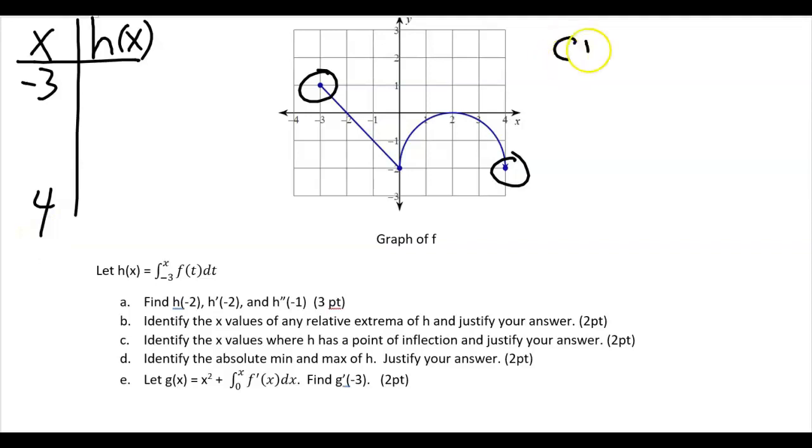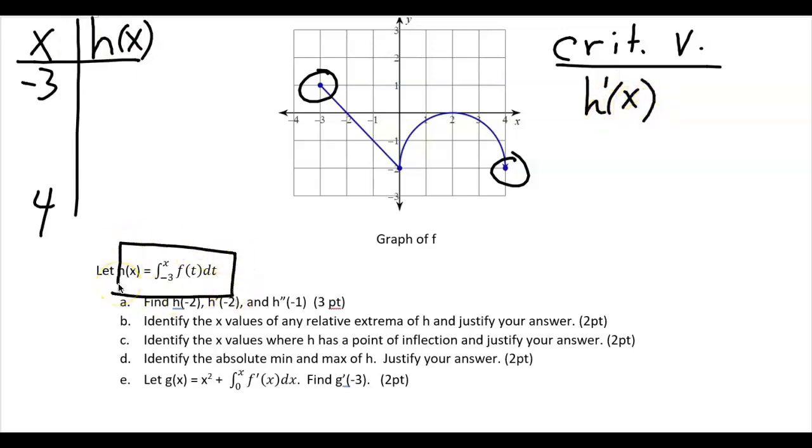Now, the critical values are places where you may possibly have a relative extrema, which are one of the candidates for the absolute extrema. So to find critical values, we're looking for the place where the derivative of this function equals 0. Now, the derivative of h, as you guys know, will just cancel out that integral and leave us with f.